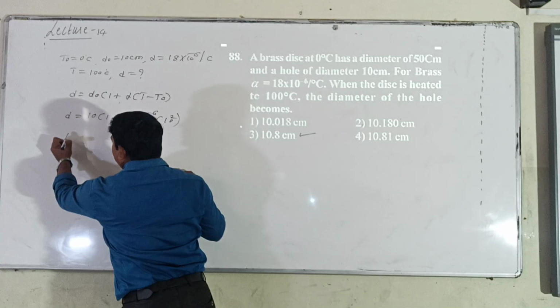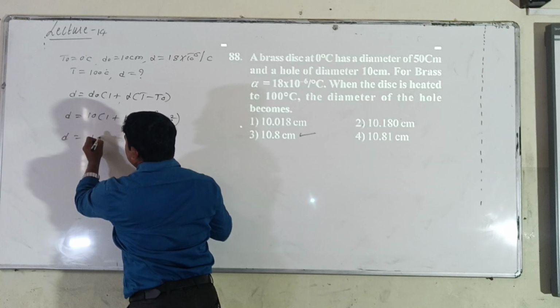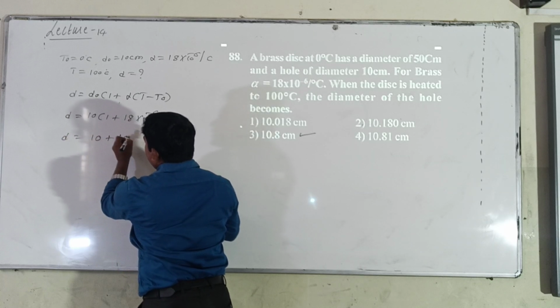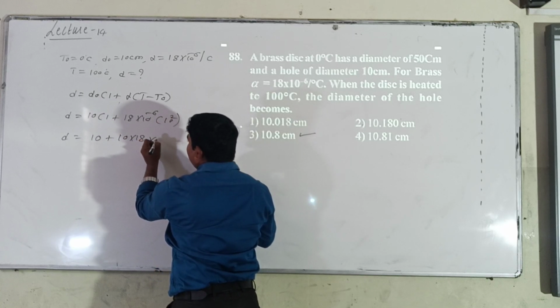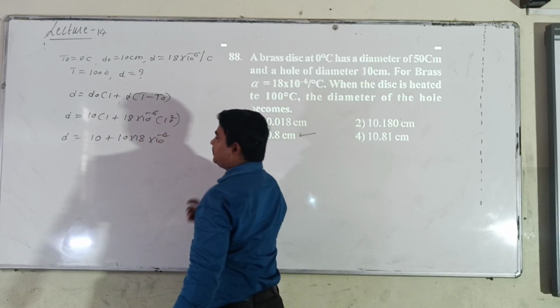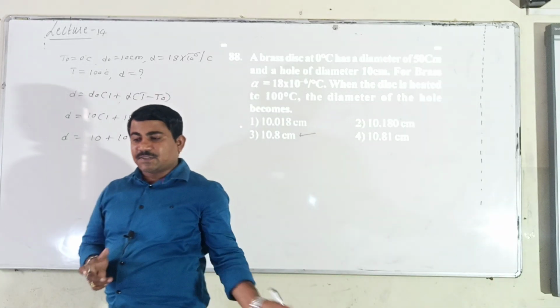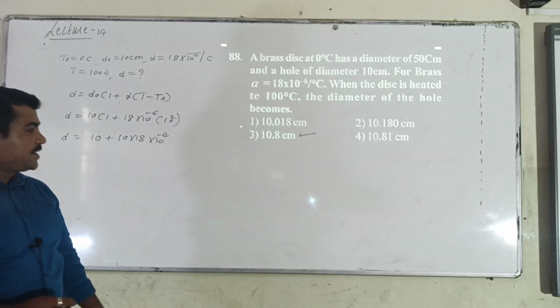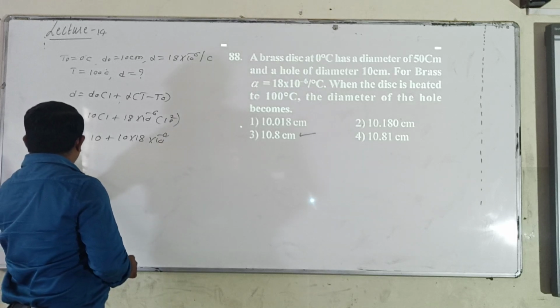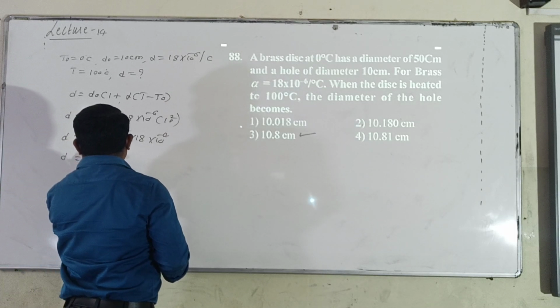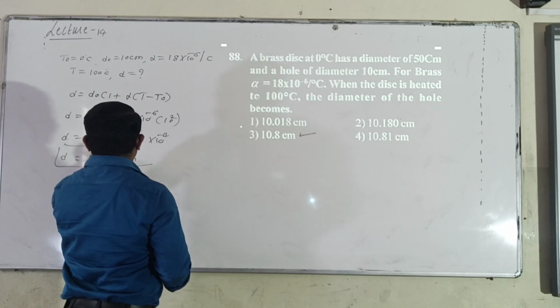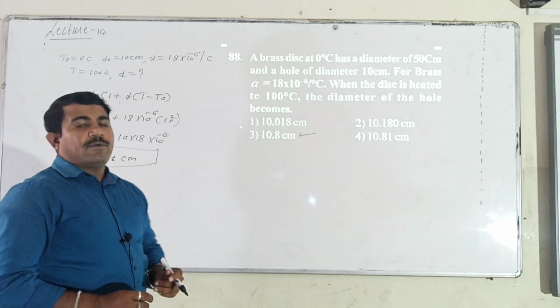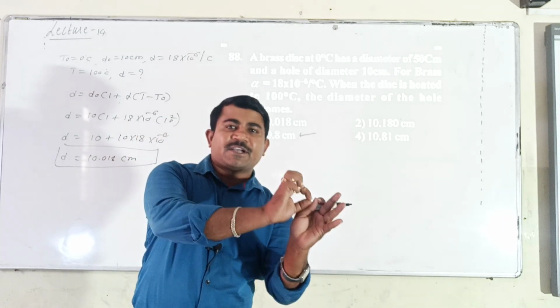How to simplify? 10 multiplied by 10 plus how much? 10 into 18 plus 2 minus 6. This becomes minus 4. Right? Let us calculate this. How much value are you getting? Nearly 10.018. We are getting 10.018 centimeter. This is the final diameter of the hole when it is heated to 100 degrees Celsius.